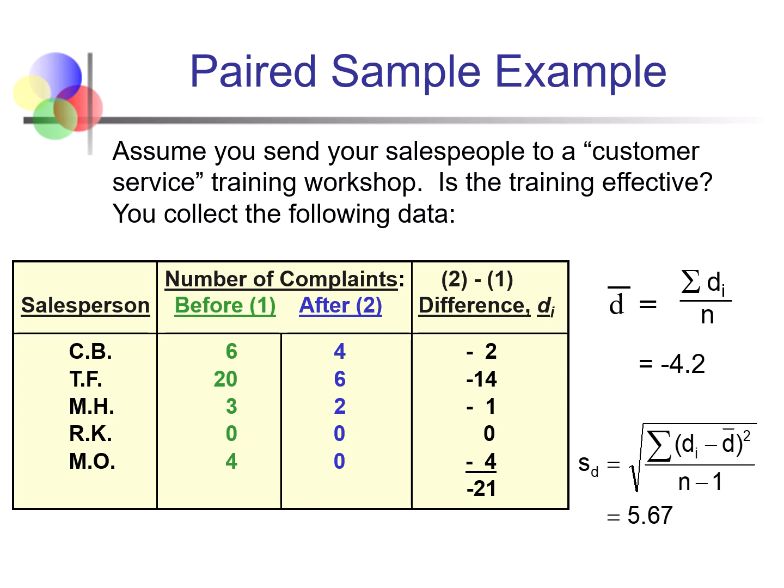This is an example for the paired sample test. Assume you send your salespeople to a customer service training workshop. Is the training effective? And then you collect the data like the following. So for example, we have 5 salespersons indicated by these initials CB, TF, MH, RK, and ML.